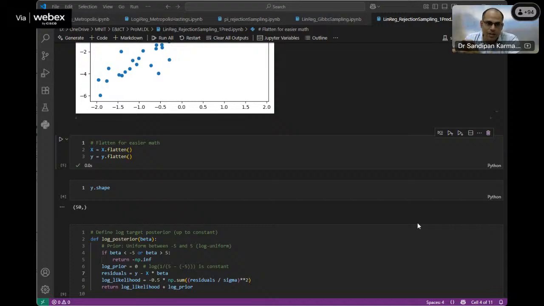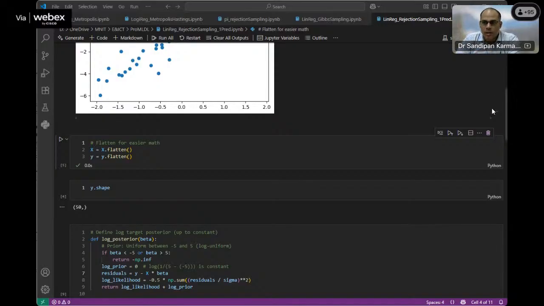Then I check whether it is inside that boundary or not. If it is inside, I use it for calculating the log likelihood and the posterior.